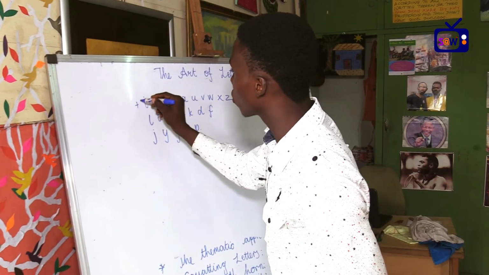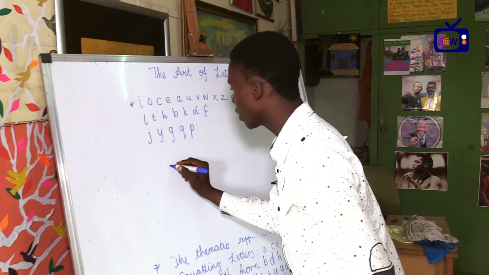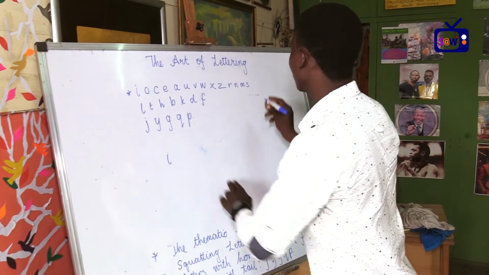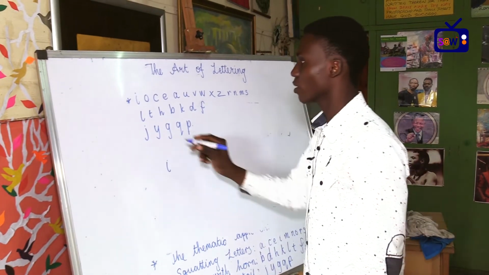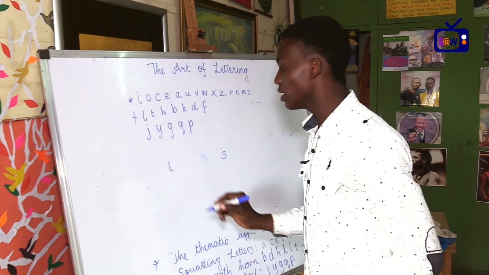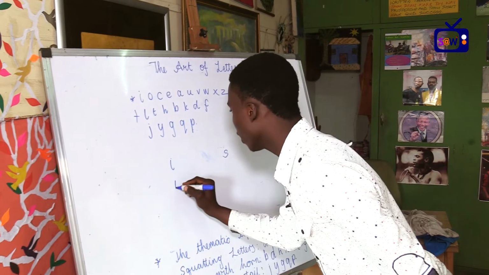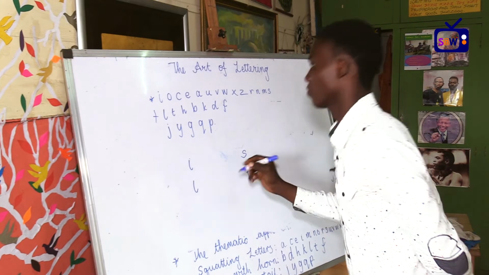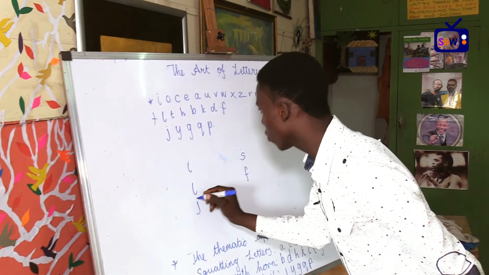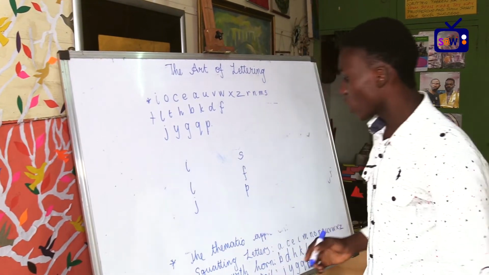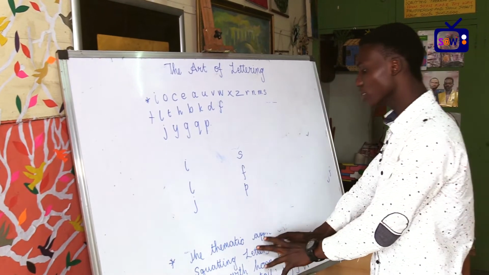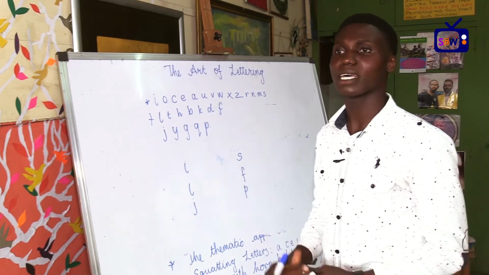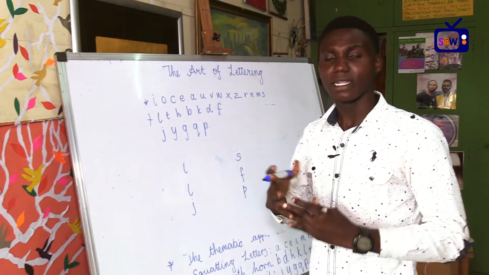Looking at the first group, the simplest letter is I. It is very easy to form I than forming A, while the most complex letter here is S. From the second group, letters with on, the simplest letter to form is L, and the most complex is F. And from the last group, we have J as the simplest, while the most complex is P. So you can now see that there is a difference between the thematic approach and the graphological approach, which makes the thematic approach the best adaptable method for learning letter formation.